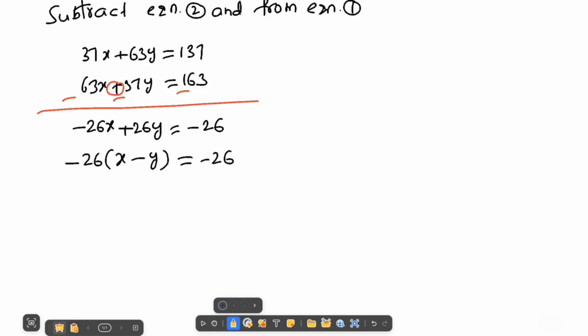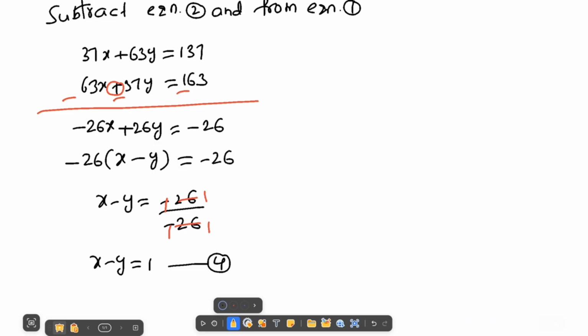So x minus y is equal to minus 26 by minus 26. The minus signs cancel, 26 ones are 26, so x minus y is equal to 1. Let this be equation 4.